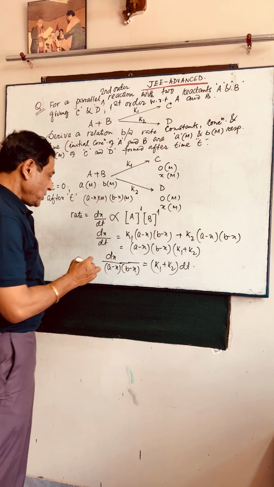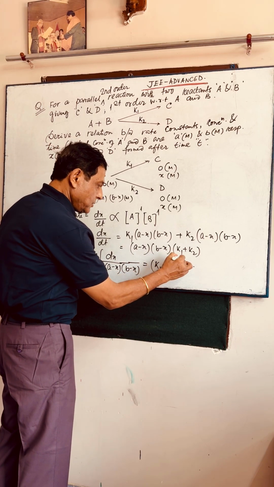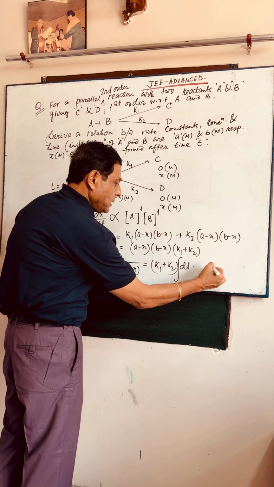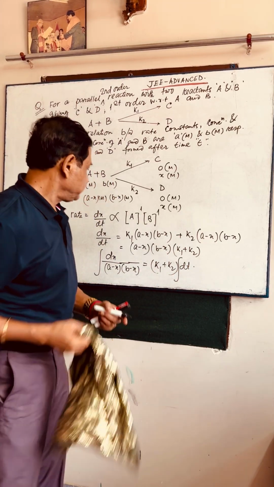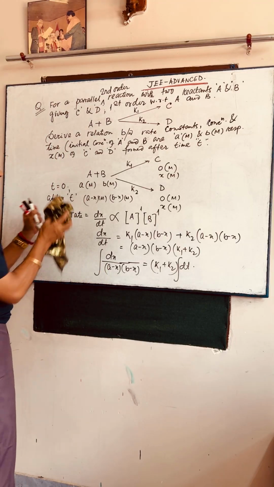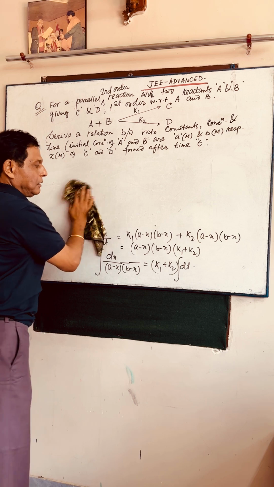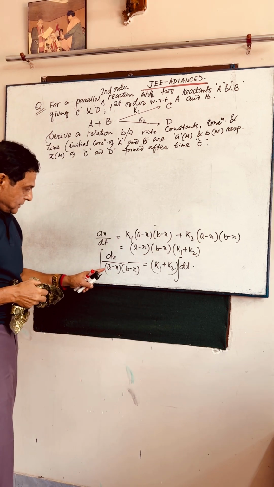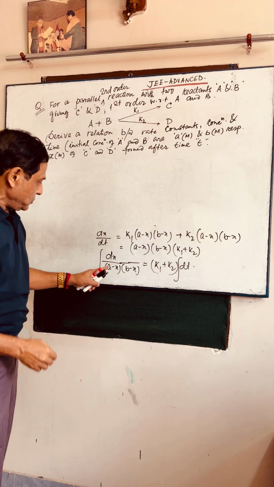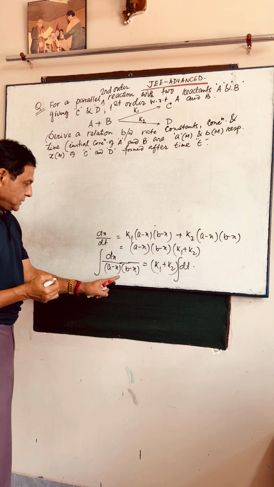Now, integrating both sides, K1 plus K2 is constant and will come out, plus one integration constant we will take. Let me write it. Okay, it is an integration, but we have to do partial fractions. In that way we have to solve this integration.